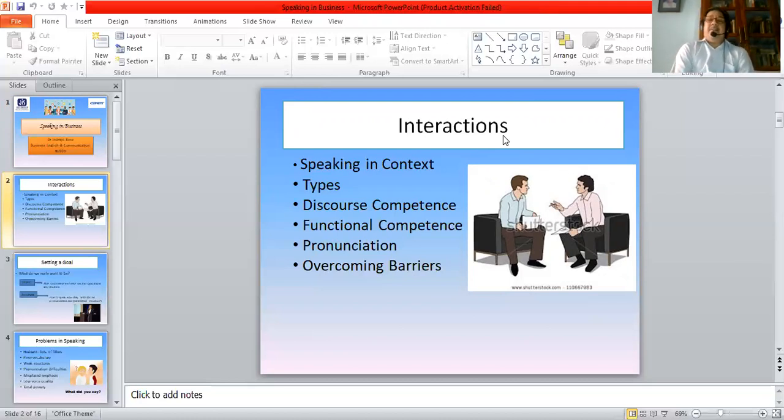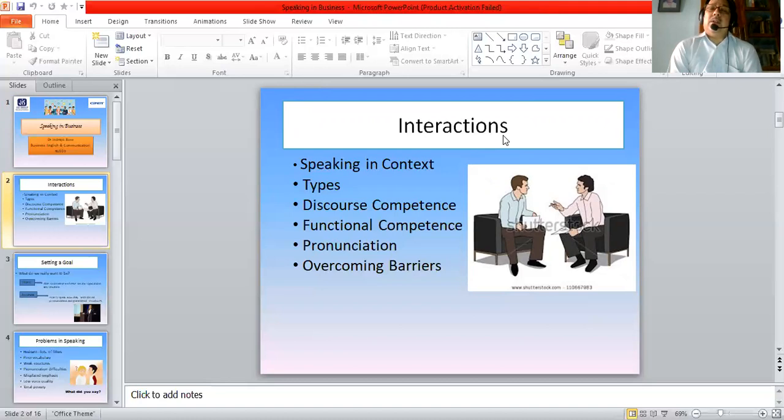So today we are going to talk about speaking and various types of speaking in the business context. And we are also going to discuss the various factors which are responsible for confidence in speaking and competence in speaking.